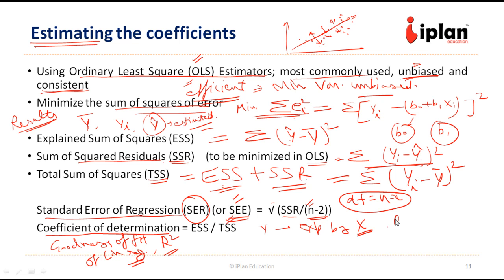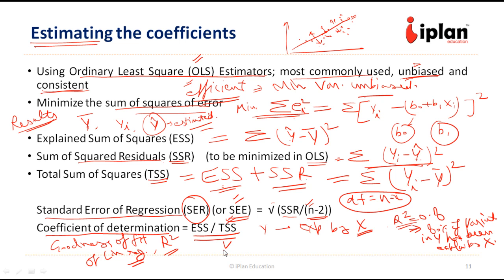So if I say R square is 0.8, it indicates that 80% of the variation in y has been explained by x. That is the meaning of R square, or goodness of fit, or coefficient of determination in this case.